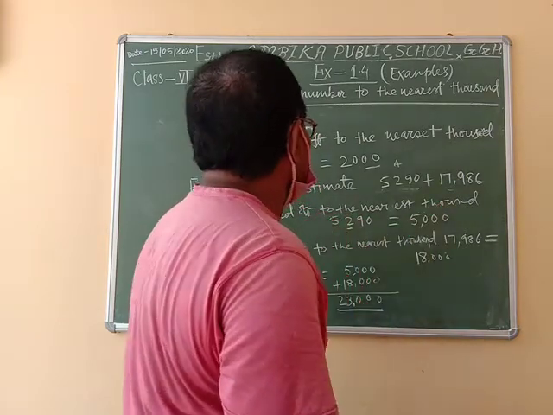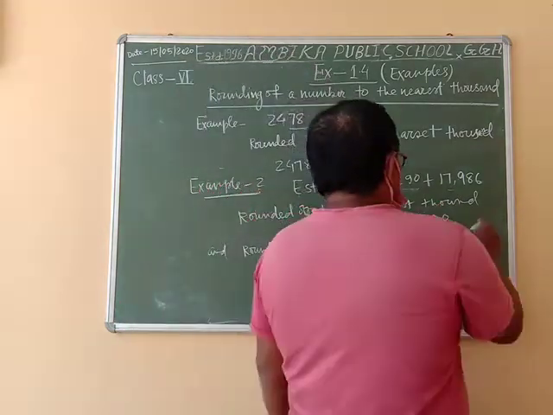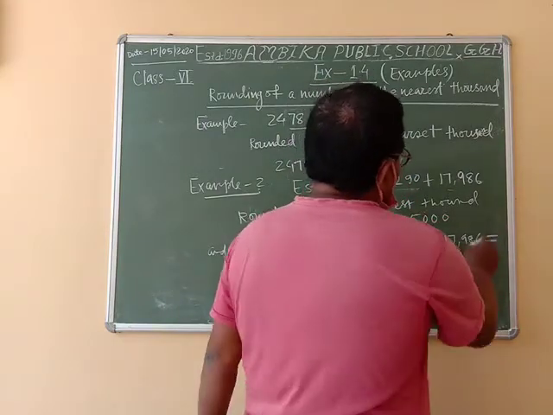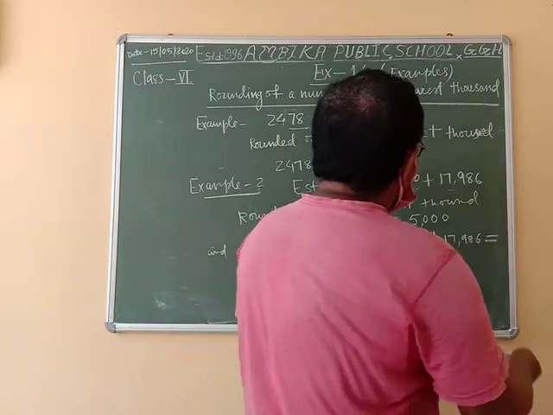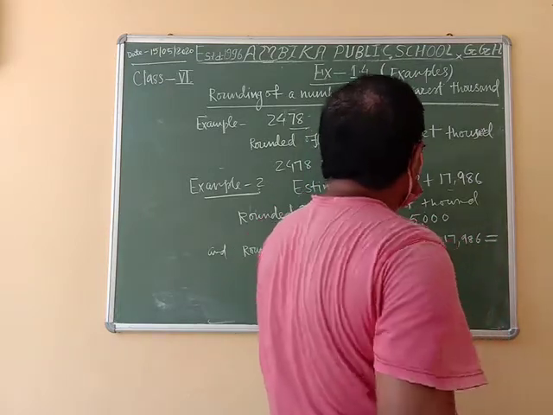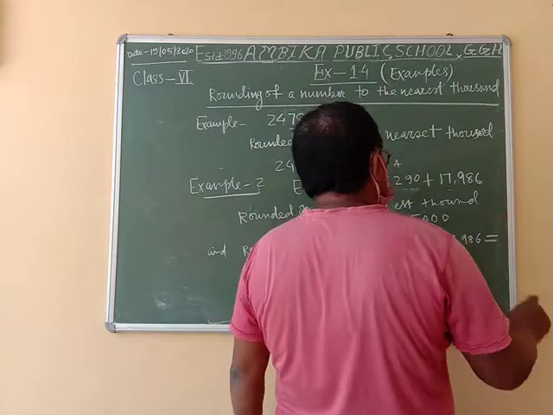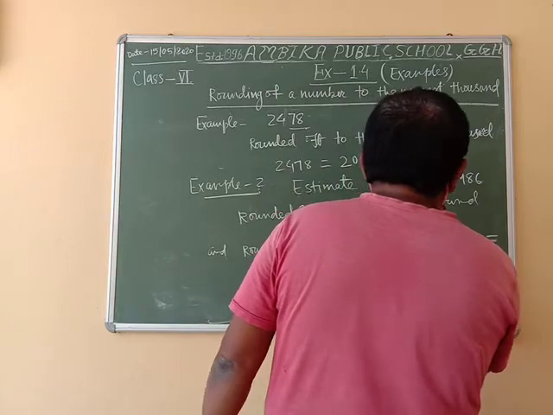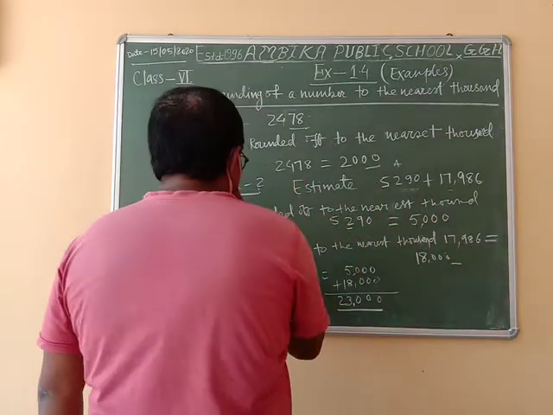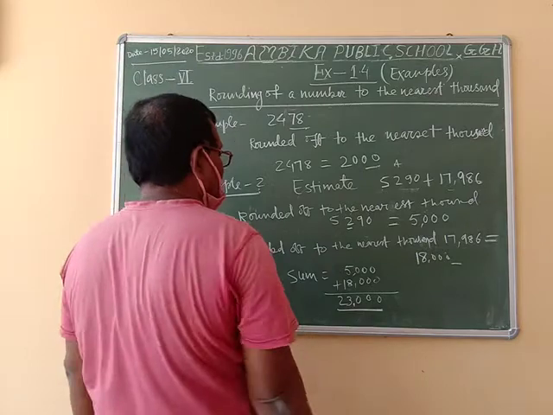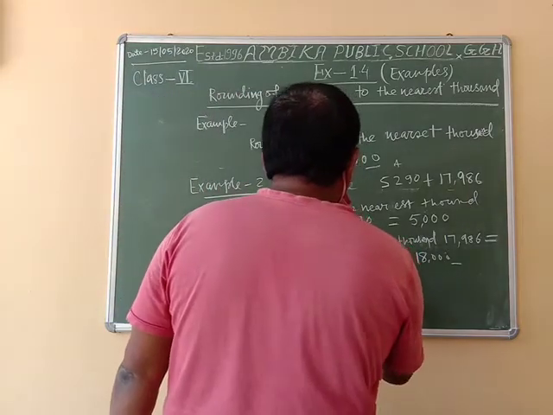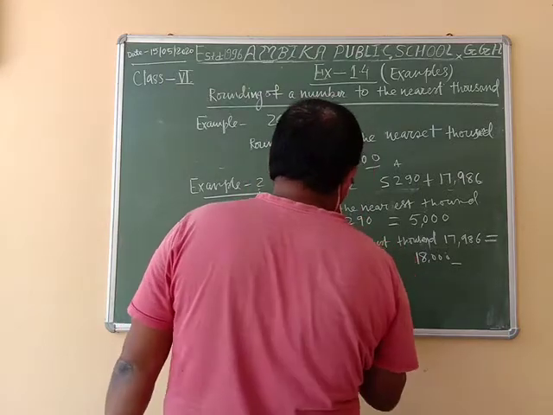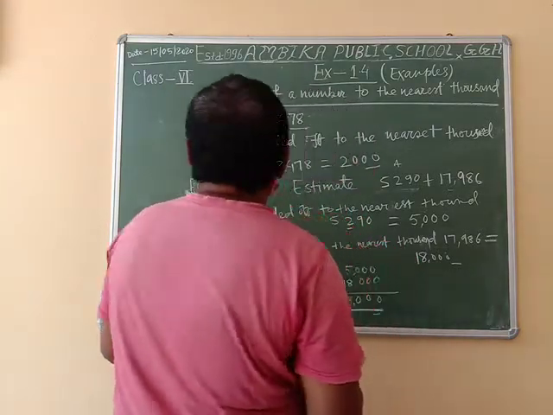And in the second number, the digit at the hundreds place is 9, more than 5, so we increase the thousands digit by 1 and replace the other digits by 0. So the estimated number is equal to 18,000, and after that we find the sum of the estimated numbers, which is 23,000.